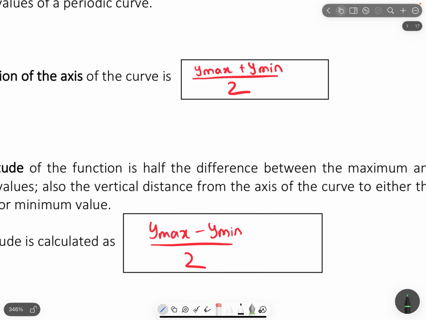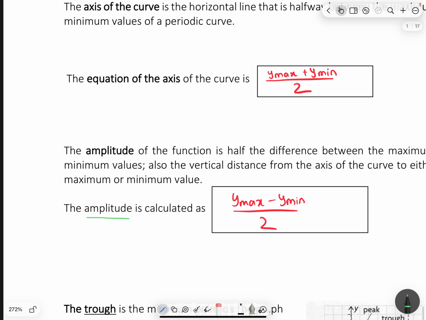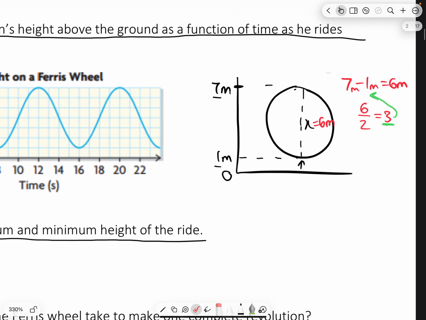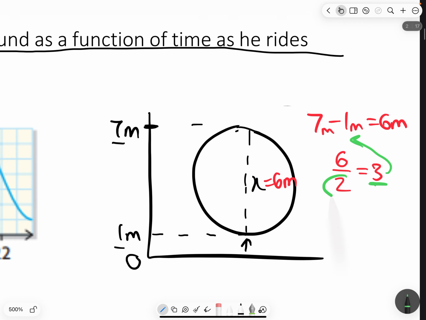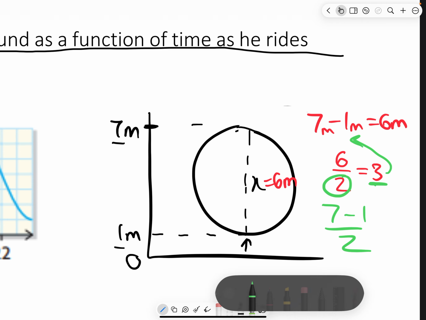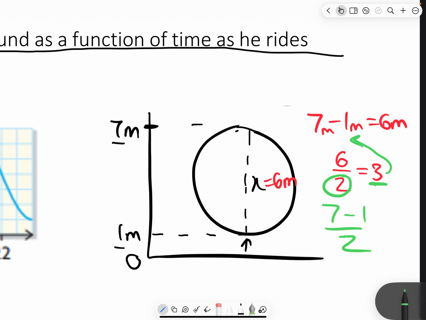Because if we come up here, we can see that the equation for the amplitude is y maximum minus y minimum over 2. And once you come down here, because we're dividing it by 2, we could also write this as maximum value subtracted by minimum value divided by 2, which is going to be also 3.